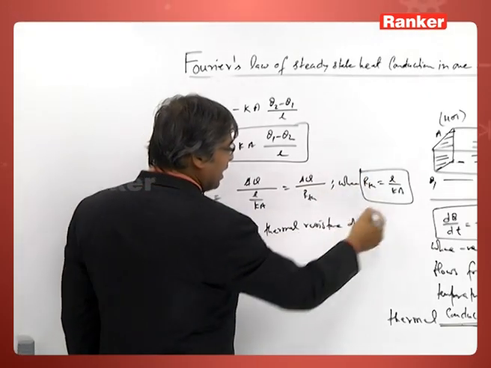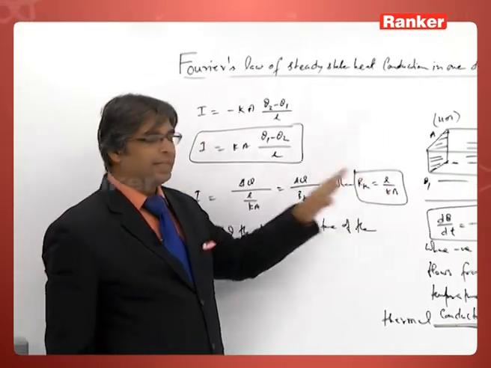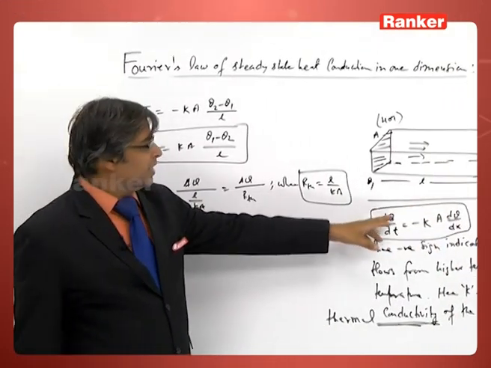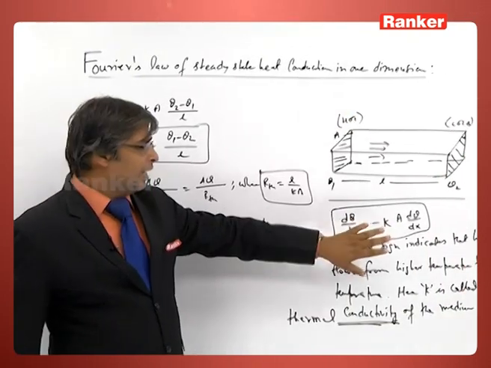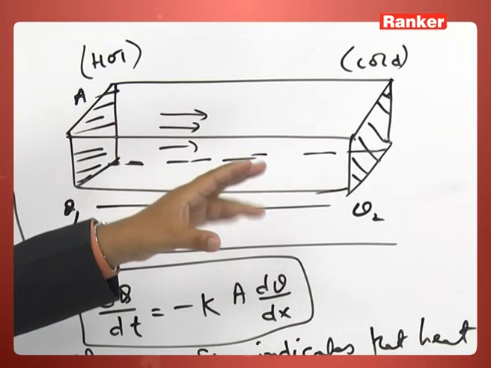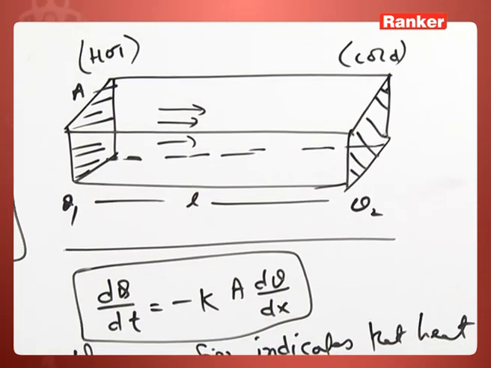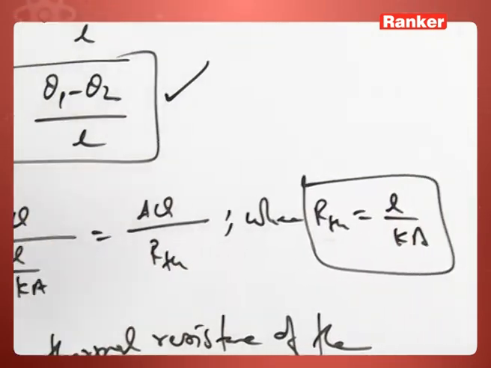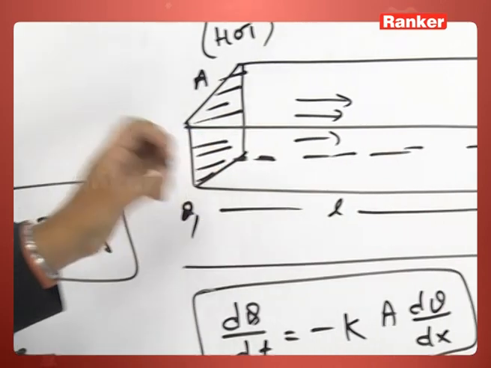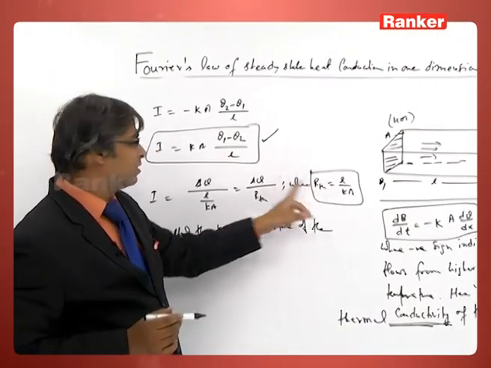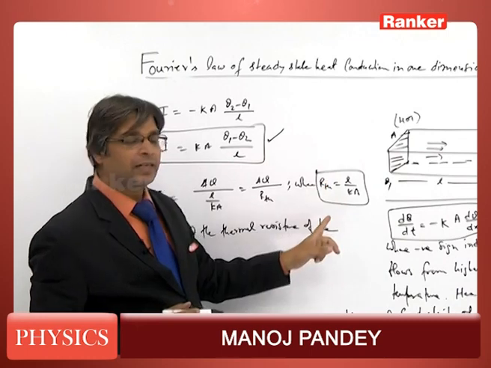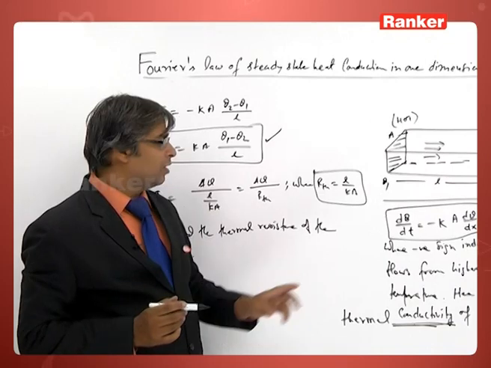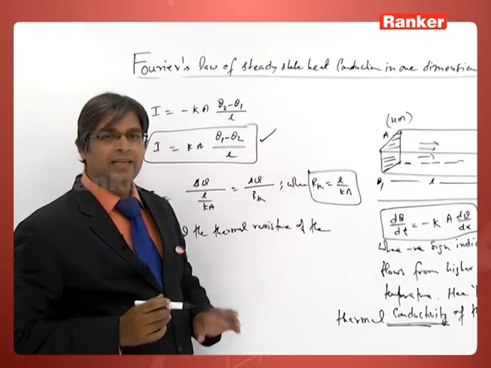So, when I apply Fourier's steady state heat conduction law in one dimension to a uniform rod, this conductor offers resistance to the flow of heat. That resistance is called thermal resistance and is given by L by K A, where K is the thermal conductivity of the rod, A is the area of cross section, and L is the length of the rod.